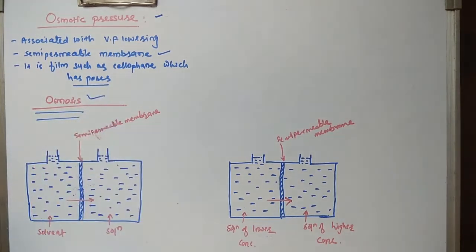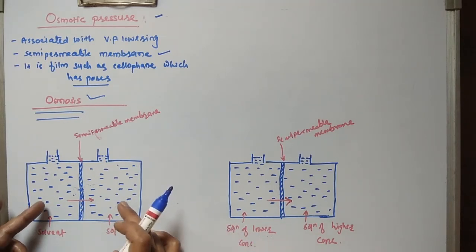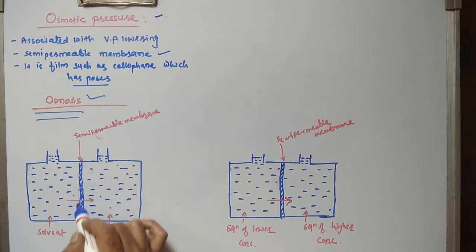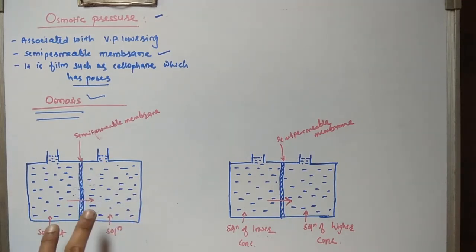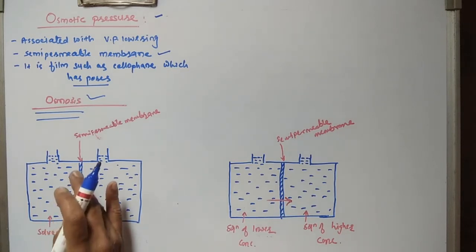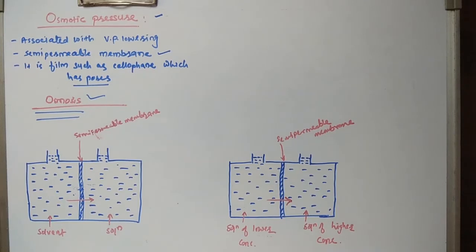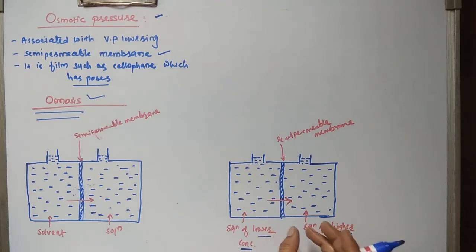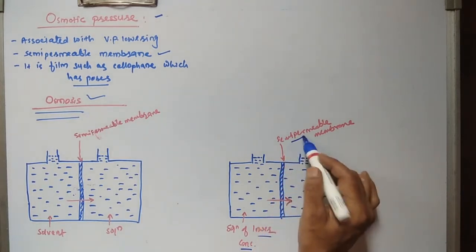Now let us see first the process of osmosis. To study the osmosis process, two diagrams are drawn here. In the one, two liquids, solvent and solution, are separated by the semi-permeable membrane.